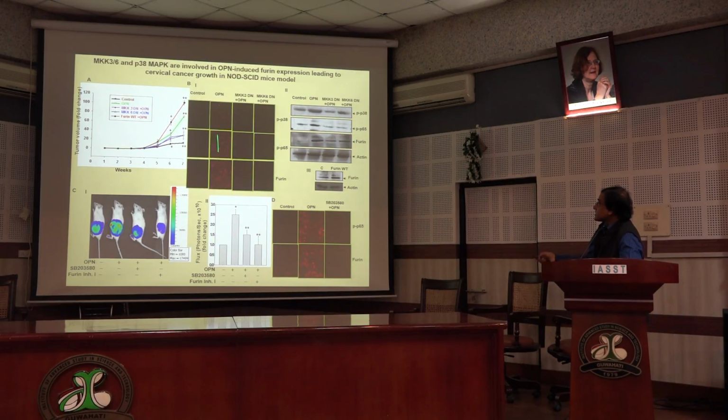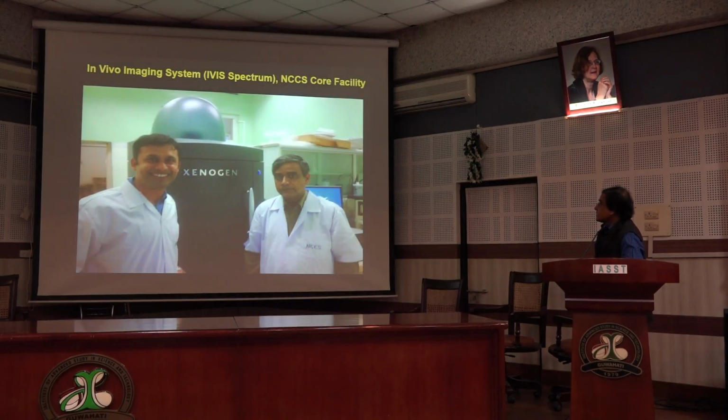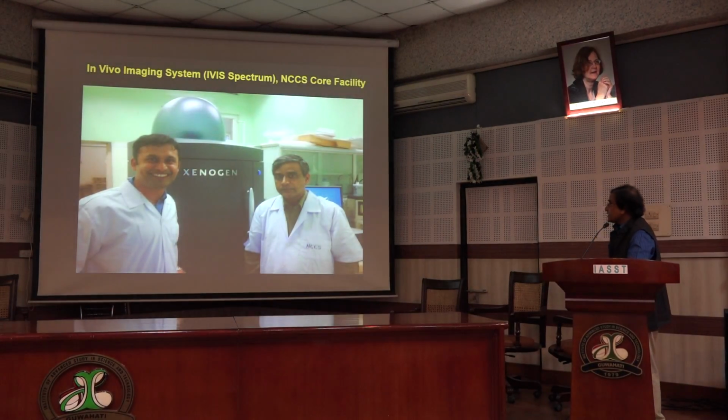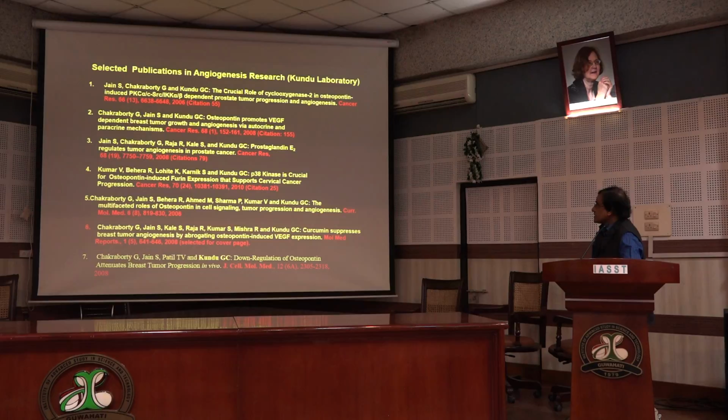Their expression is much higher in this tumor, whereas the expression has gone down in this tumor. This is the instrument which we have, and I am the scientist in charge of that facility. It's from Xenogen, California. So we had a series of papers on these issues, mostly in Cancer Research, Oncogene, etc.